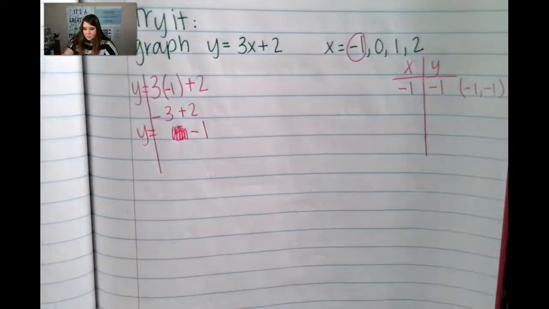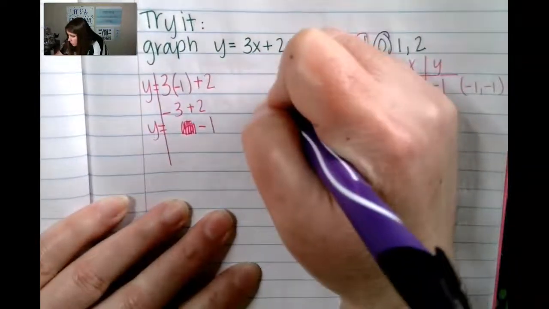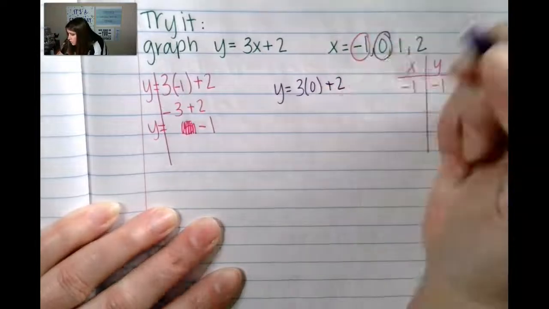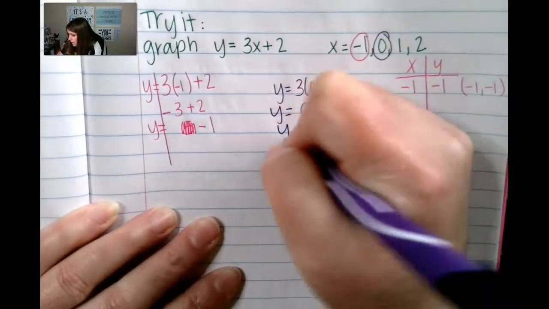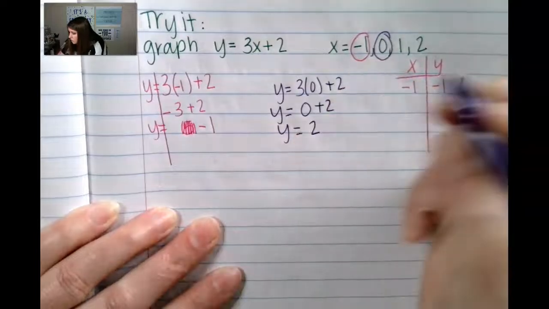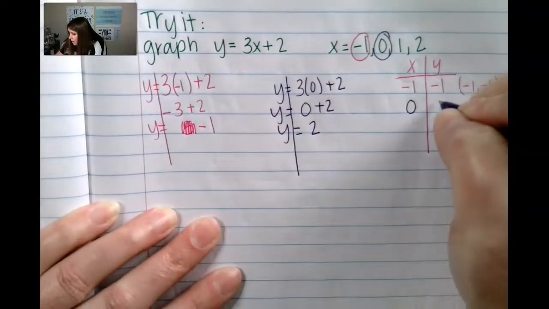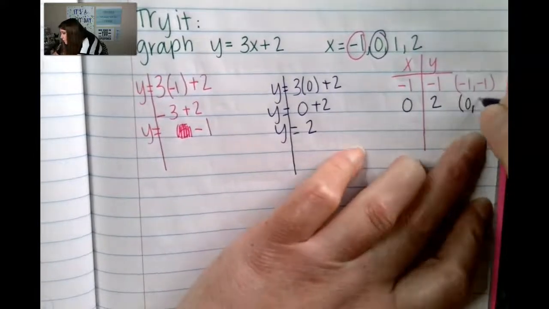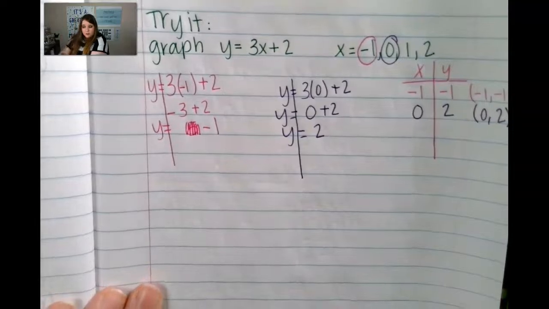Okay, the next problem is 0. So Y equals 3 times 0 plus 2. That gives me 0 plus 2. So Y equals 2. So when X is 0, Y is 2. So my input is 0, my output gives me 2 for that ordered pair.